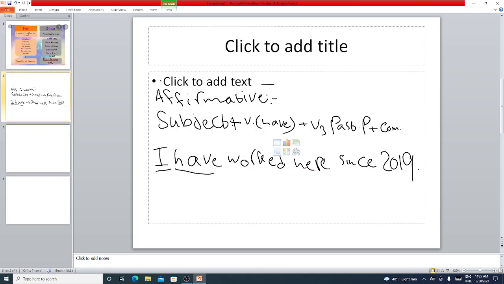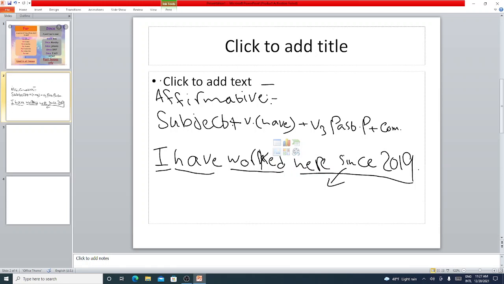No, it is unacceptable in English. So worked is the past participle of the verb work, or the verb 3 of the verb work. Here, since 2019 is the complement of the sentence, and since here is an adverb or a key word.